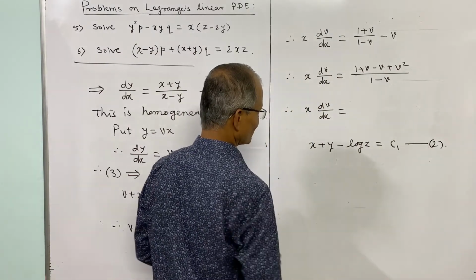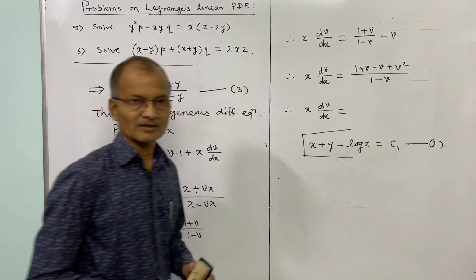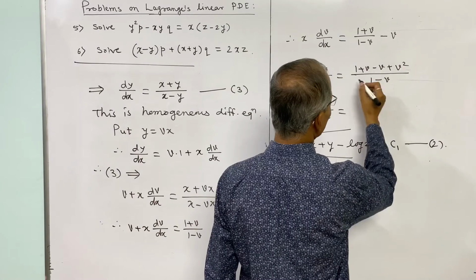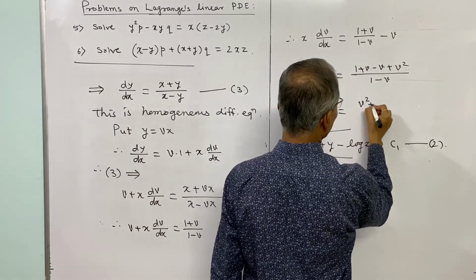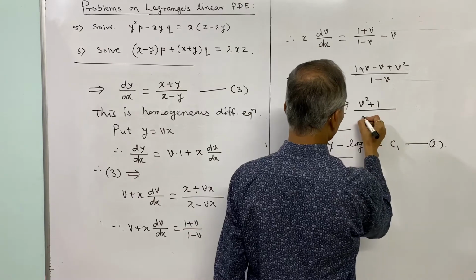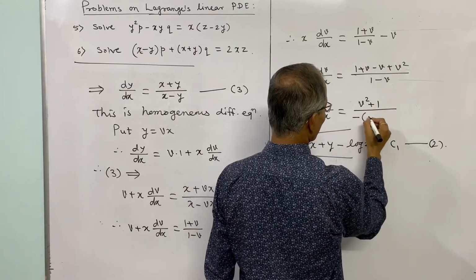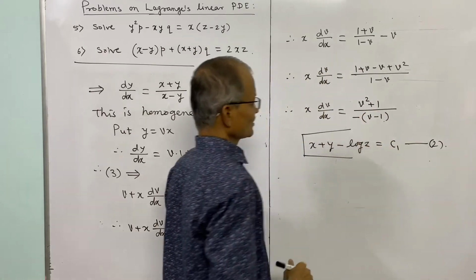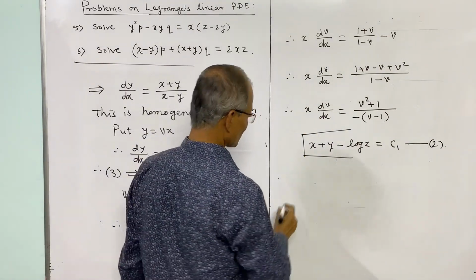So we need to write the final answer, that is the general integral. x into dv by dx, here it is (v square plus 1) divided by (1 minus v), or I shall write it as minus (v minus 1), and we separate the variables now.